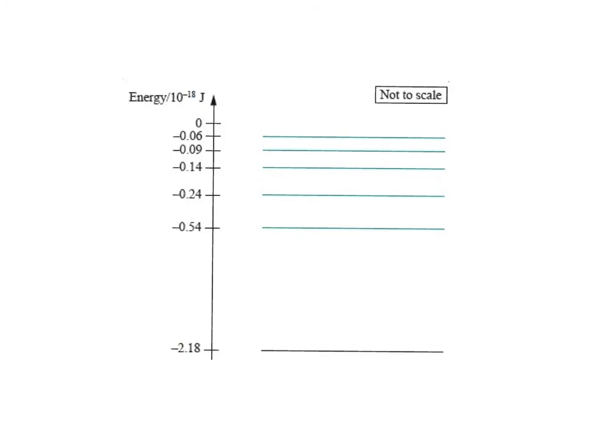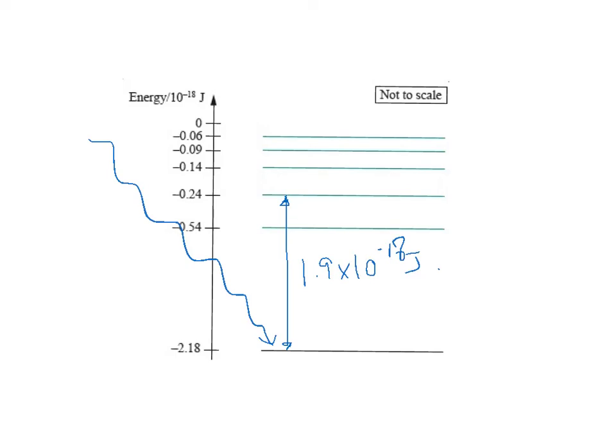There are just a couple of things to add onto this. If a photon comes in and it doesn't have the exact energy difference, or it doesn't have the value of energy which is the difference between two levels, in which case this one is 1.94 times 10 to the minus 18 joules, it won't make the electron go up to that state.